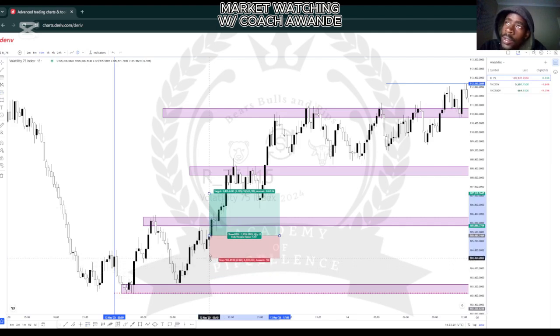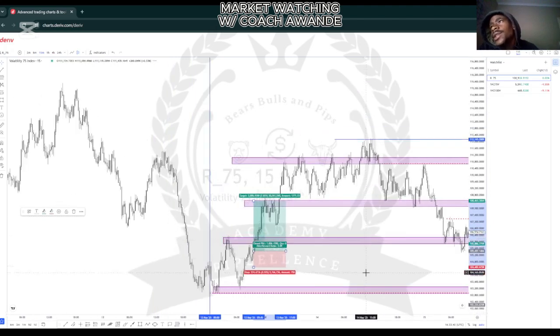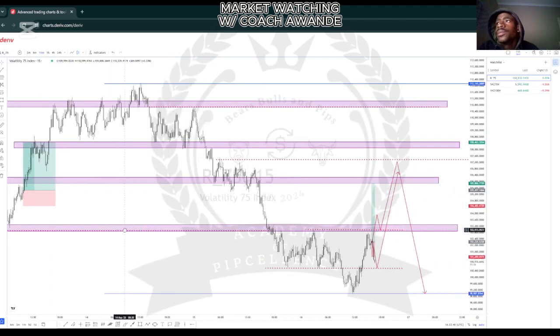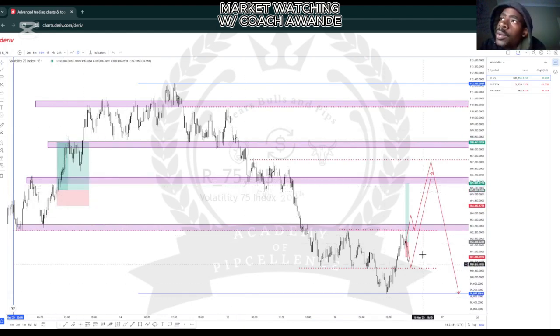I had my lows set somewhere like here, and we wanted to see price get all the way to here. It's literally the same thing. We bought at that high over there, and price shot up. So that's what we wanted to do in this instance. We bought at that high and anticipated price would continue to shoot to the upside.